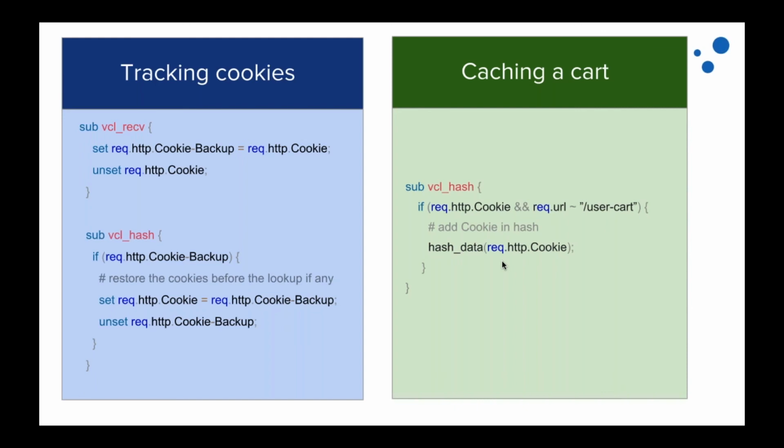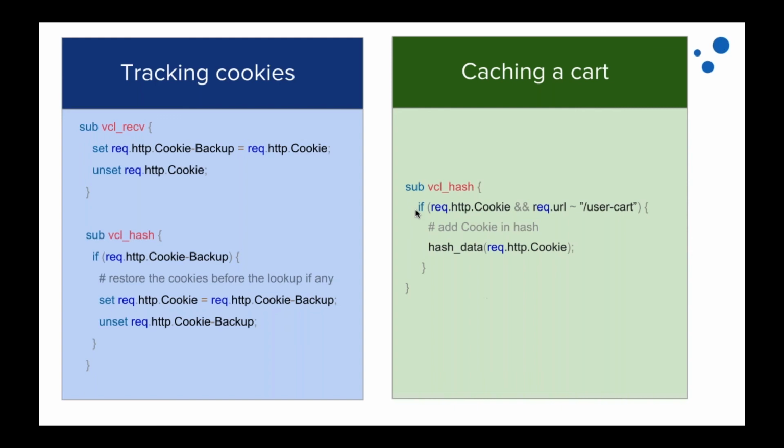By default, when creating a hash key, Varnish will create a hash key for each new object inserted in cache. And this hash key will be generated using the request URL and the request host name. To those two parameters, if we're trying to cache a cart, we want to add a cookie header as well.